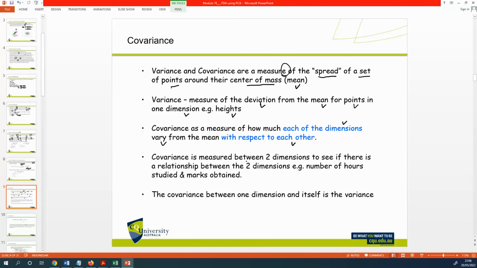Covariance is measured between two dimensions to see if there is a relationship between them, for example, number of hours studied and the mark obtained. The more hours studied, the more marks obtained, so they will have positive covariance. The covariance between one dimension and itself is called variance.